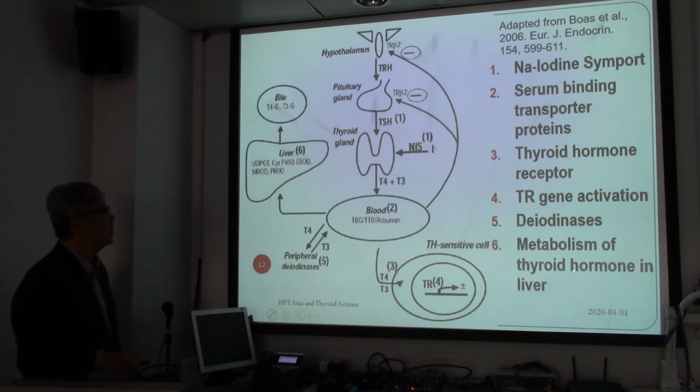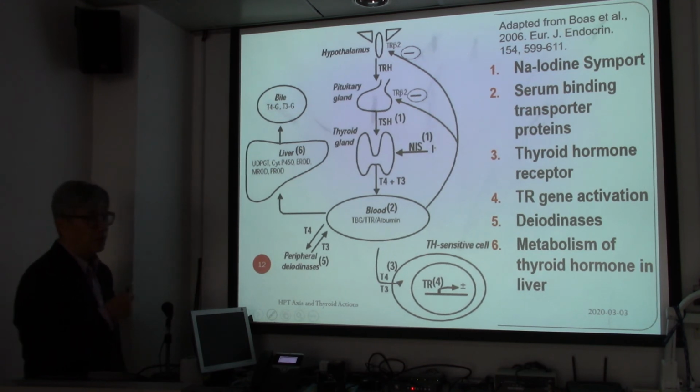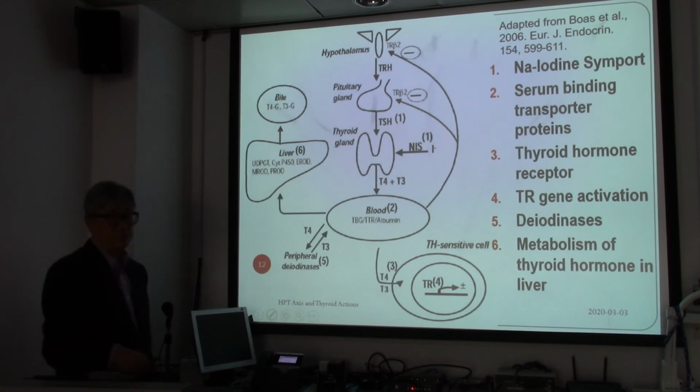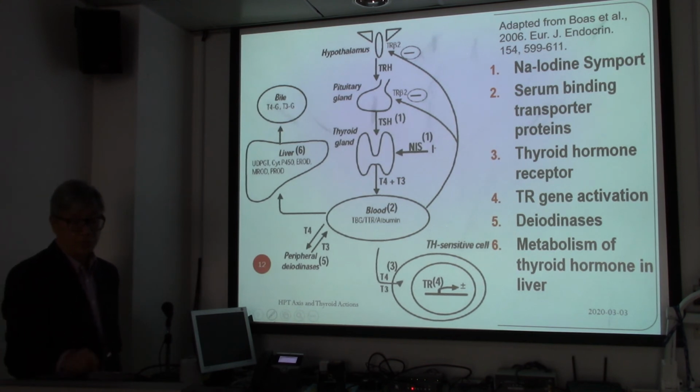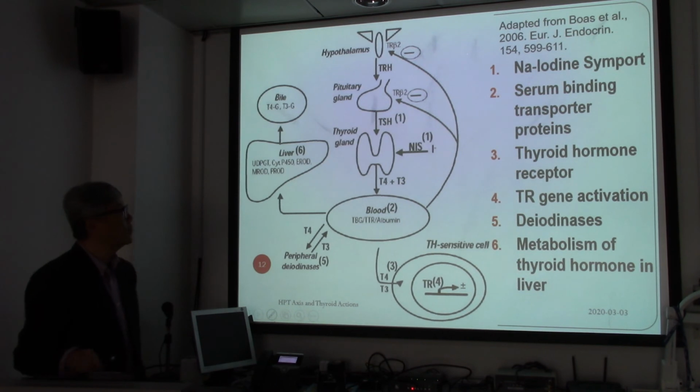And then 6, metabolism of thyroid hormone is in the liver, and that's how we get rid of this hormone, through the bile, by excretion into the gut. So after digestion, all the way out.